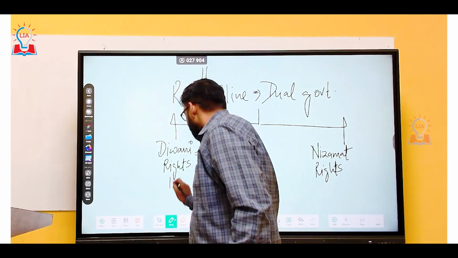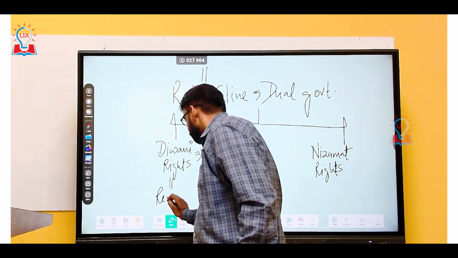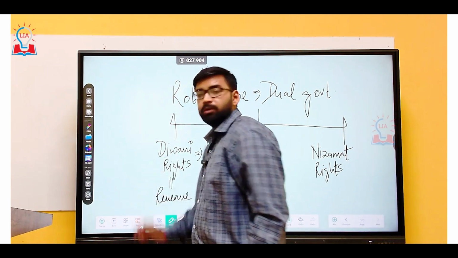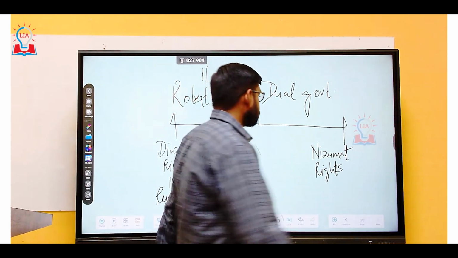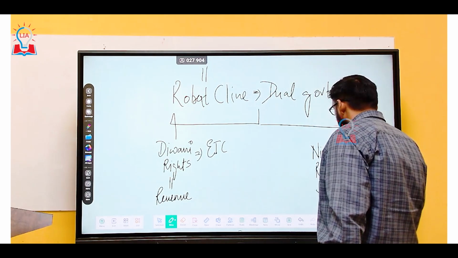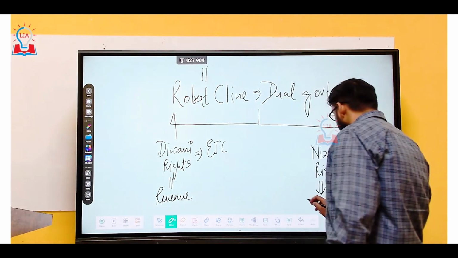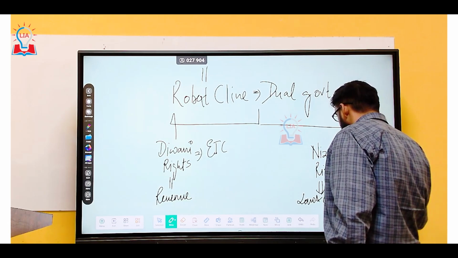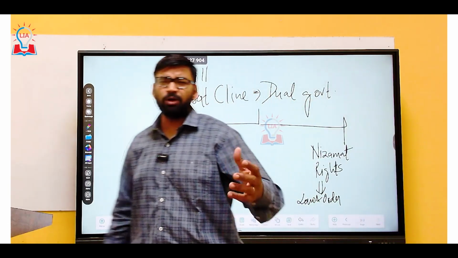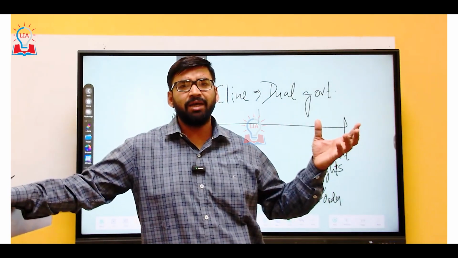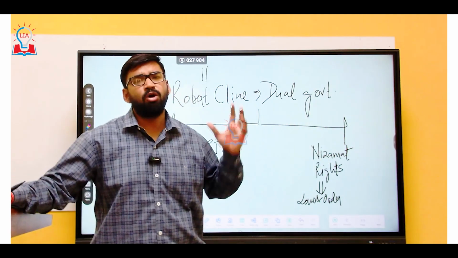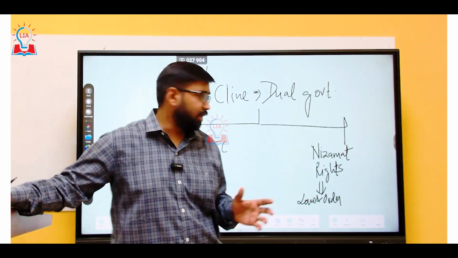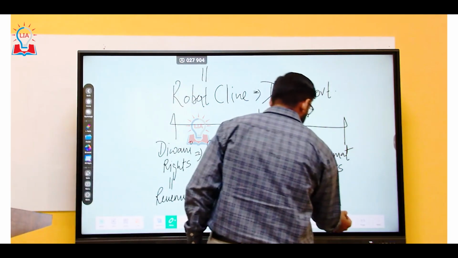So Diwani rights are revenue. Nizamat rights, that means law and order. Okay. So law and order will be managed by Nawab of Bengal only. Getting my point? Okay.